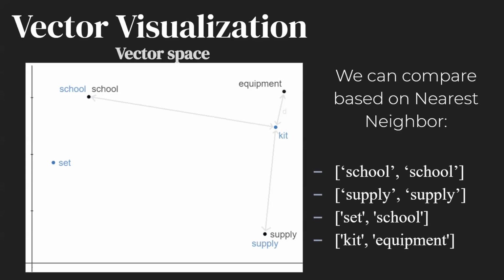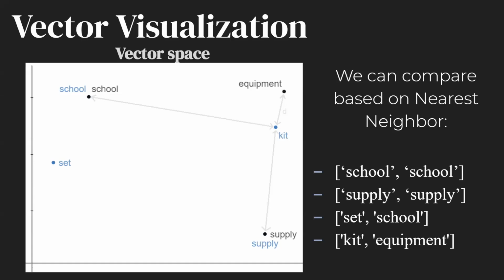Now we take a look at kit and equipment. Since kit is in the larger standard, we will measure the distance between kit and equipment, kit and supply, and kit and school. Here we see that kit and equipment has the smaller vector distance, meaning they're the most similar to each other. In cases where one standard has more words, like the word set shown here, we need to find the next nearest neighbor.